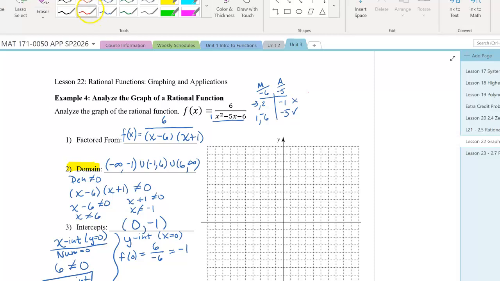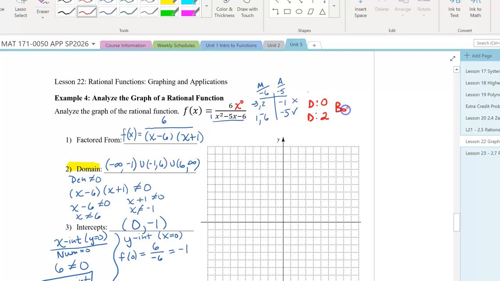Well, the degree on the top for this function is actually 0. If there's no x value, we can think of it as x to the 0 power, because anything to the 0 power is 1. And the degree on the bottom is x to the second, so that would be 2.